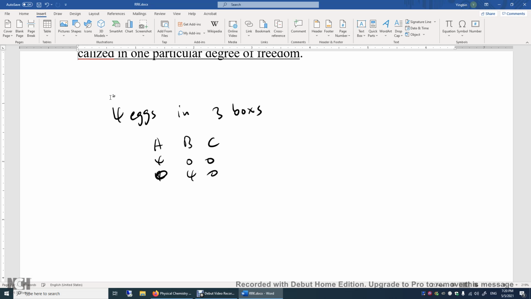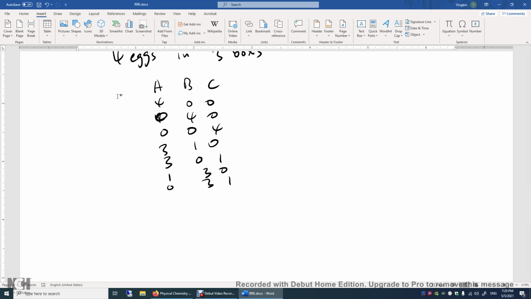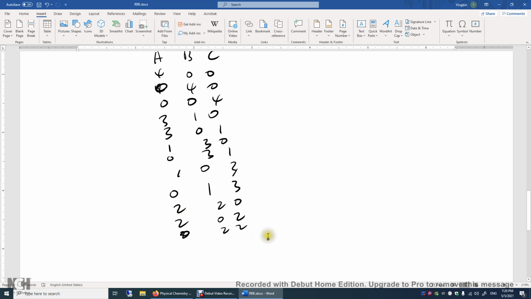0, 4, 0, 0, 0, 4, 3, 1, 0, 3, 0, 1, 1, 3, 0, 0, 3, 1, and then 3x in C, 1, 0, 0, 1, and then we can have 2x here, right? 2x in A, 2x in B, 2x in A, 2x in C, 2x in B, 2x in C. All right, and then we can have 2, 1, 1, right?